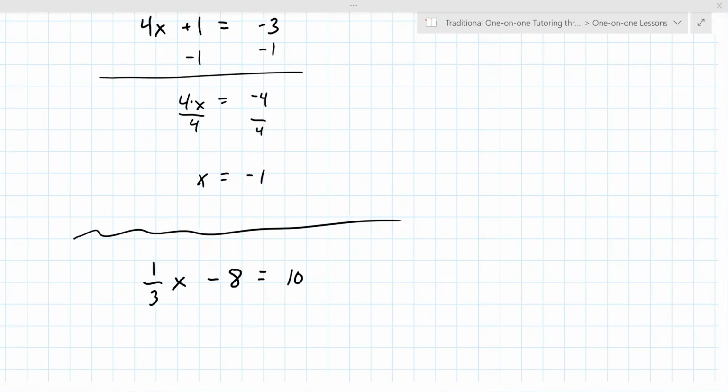Is the answer x equals 54? It is. Okay, cool.